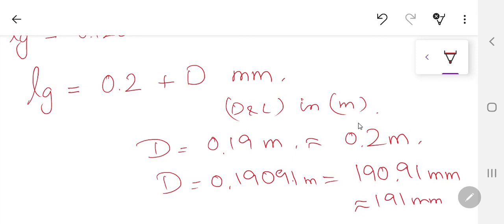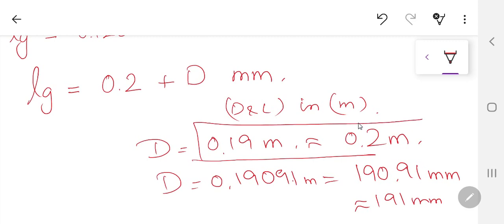This is okay, but the other is totally wrong. Please do not do this, because this is actually adding like 10 millimeters to the total diameter. Please do this rounding off only in the millimeter scale, otherwise it's going to be difficult for you.